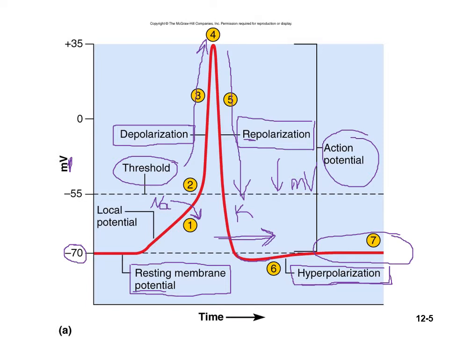And as sodium enters, once again we do our depolarization, we reach our action potential, and then we repolarize, or reset, by allowing potassium to come out of the cell.